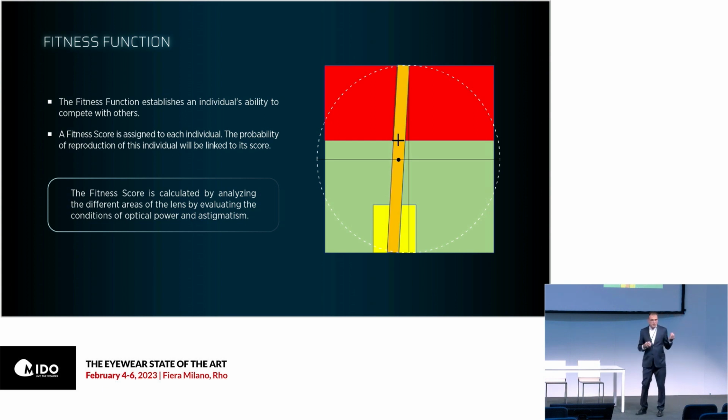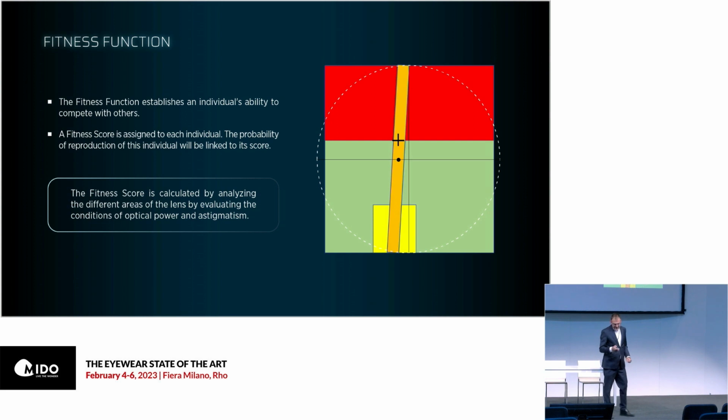And that is done by the fitness function. The fitness function is a function, a number, basically. It's an equation: I have a map, I have a progressive lens, I apply this function, and I obtain a number. If the number is higher, the design is better. If it's lower, the design is worse, okay?